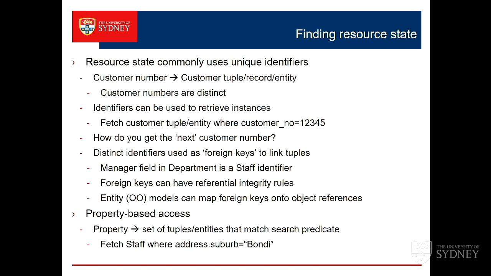Okay, and I can typically also do property-based access, so I can do searches over something, find me all the staff members who live in Bondi. That gets a bit trickier in an OO model, but perhaps you'll put some extra business logic in.